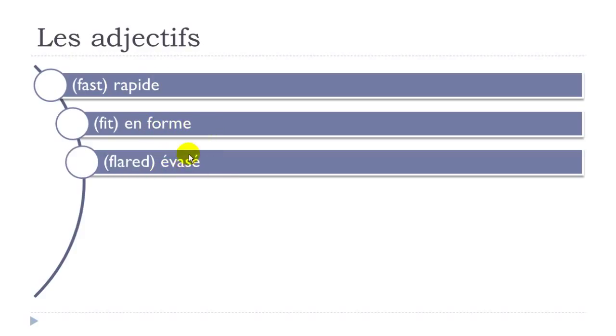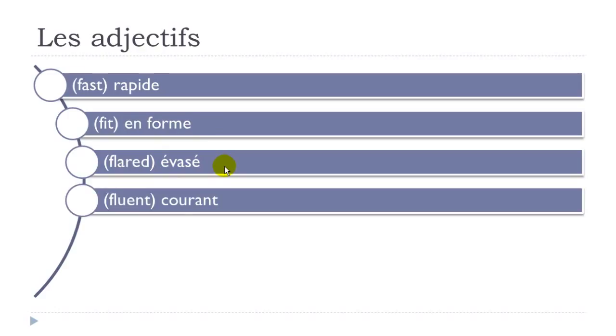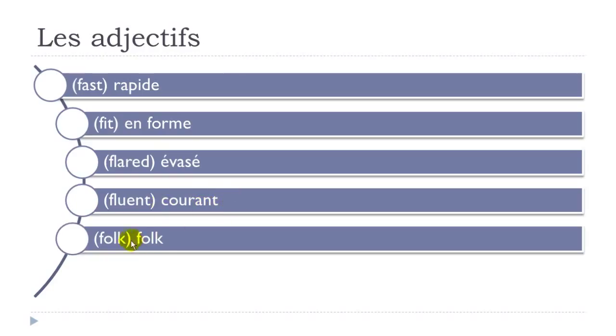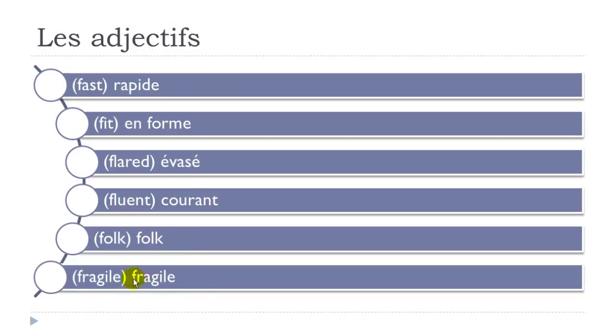Évaser. Remember, one S between two vowels. Z. Évaser. Courant. Final T not pronounced. A-N. En. Courant. Folk. Fragile.